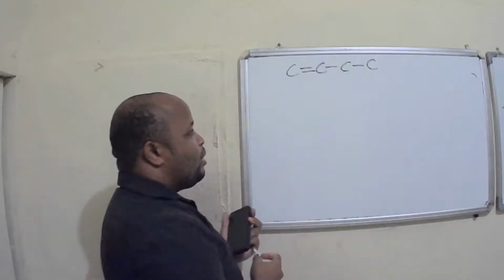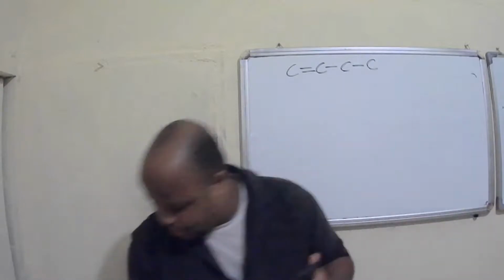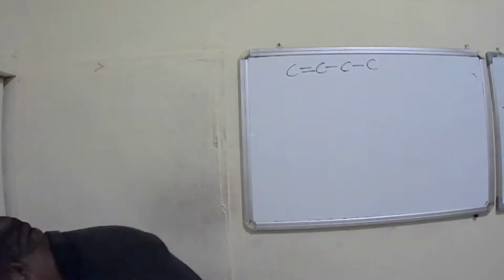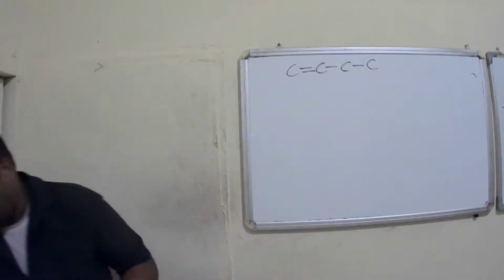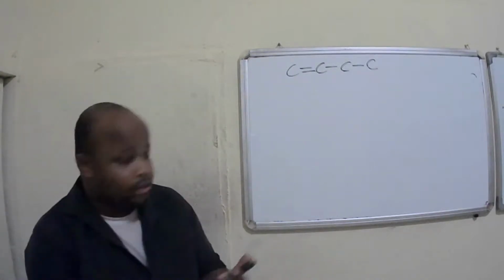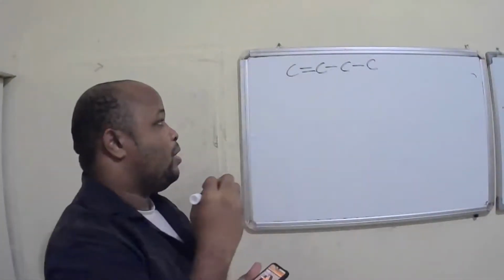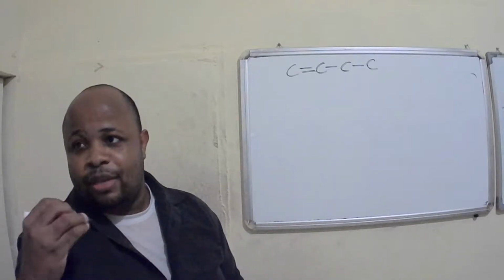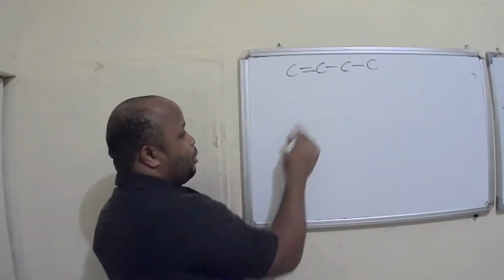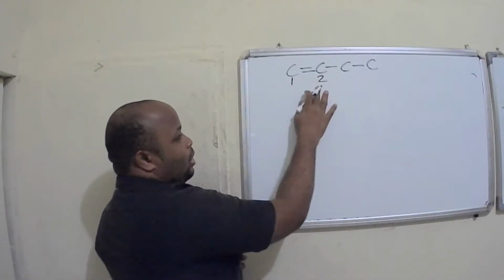And remember, when you have a compound like an alkene or an alcohol and you want an isomer, you change the position. So in this case, the double bond is between carbons 1 and 2.